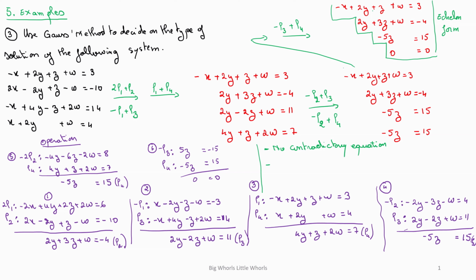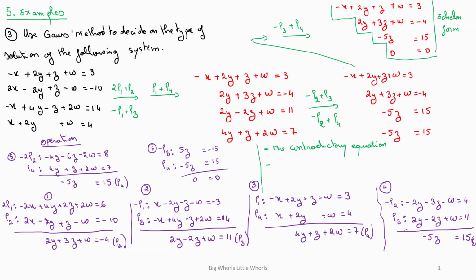But look, the linear system is in 4 variables, which are x, y, z, and w. In the first row, we have x leading. In the second row, we have y leading. In the third row, we have z leading. But in the fourth row, we don't have w leading.